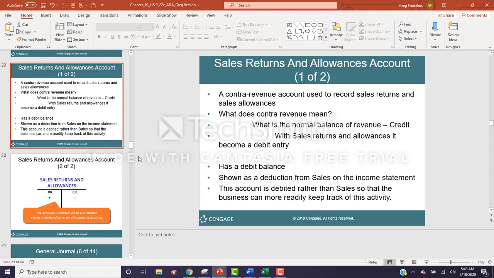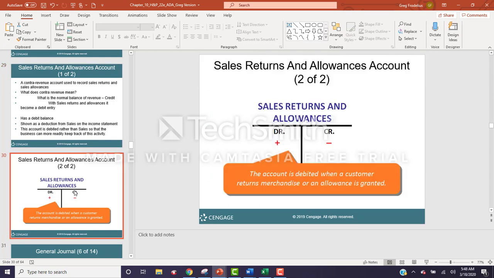All it does is reduce the amount of that sale. One reason is returns and allowances, and number two is discounts. So this slide just shows that we'll be entering a debit for these sales returns and allowances.